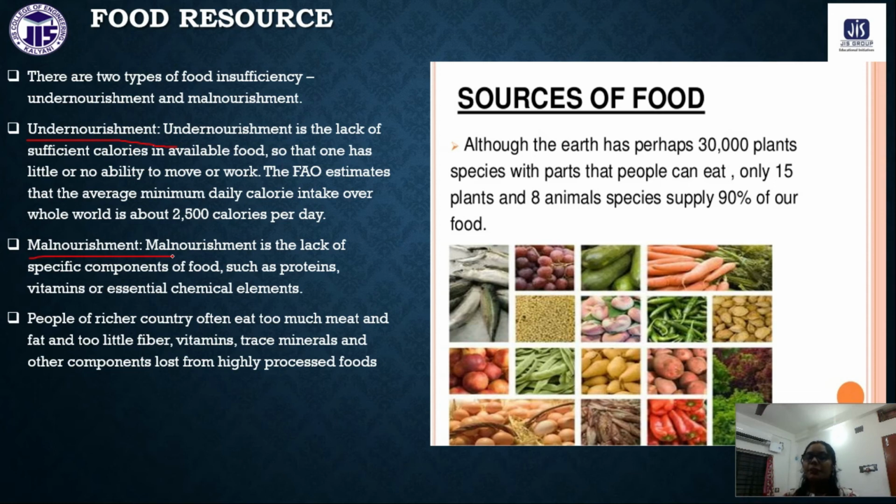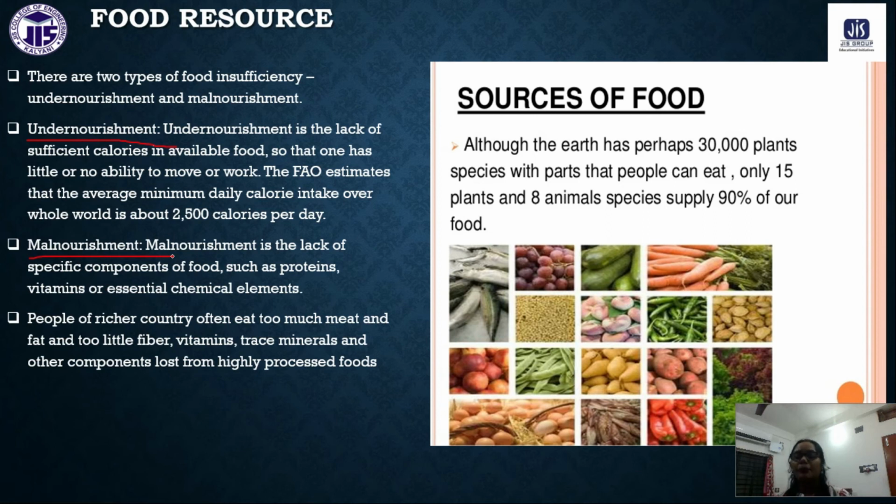And malnourishment means we are taking food, but we are not taking it properly, in proper balance. We should take food in a proper balance, like vitamins, minerals, protein, animal proteins.